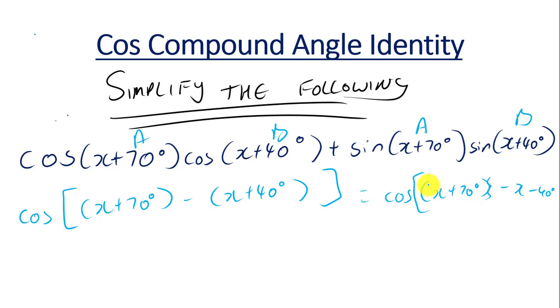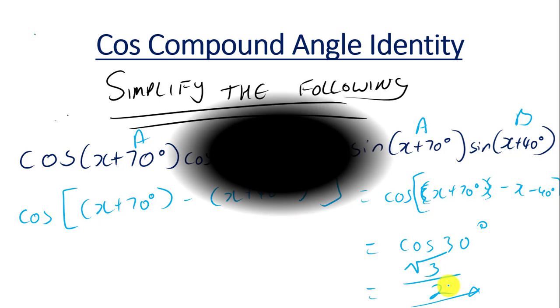I don't need these brackets over here. Okay, so what's x minus x? That means I no longer have x's anymore, and now I have to do 70 degrees minus 40 degrees. 70 degrees minus 40 degrees is obviously 30 degrees, so I've got cos of 30 degrees. And if you know your special angles, well, special triangles, then you'll know that cos of 30 degrees will just be equal to √3/2, and that's your final answer.